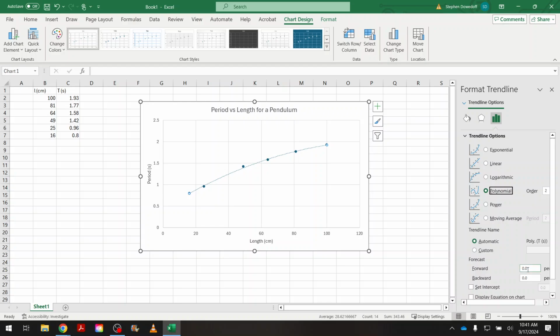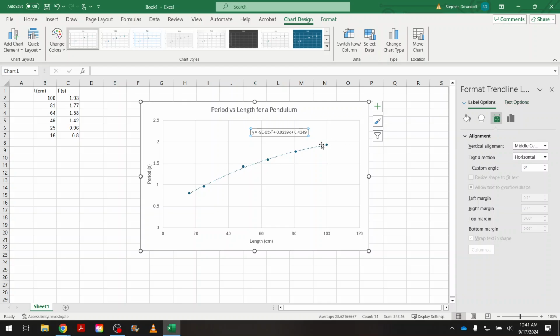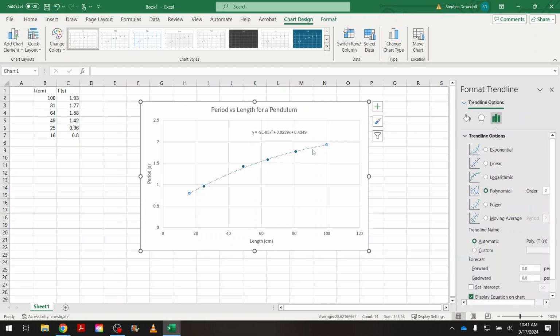Now, what we could do is we can scroll down here. One of the bottom options is display the equation on the chart. So you can actually have it on here while you're monkeying around with things. So if I change this to power, it's going to change the equation. And you can see here, it's suggesting that this is 0.2 x to the 0.49.